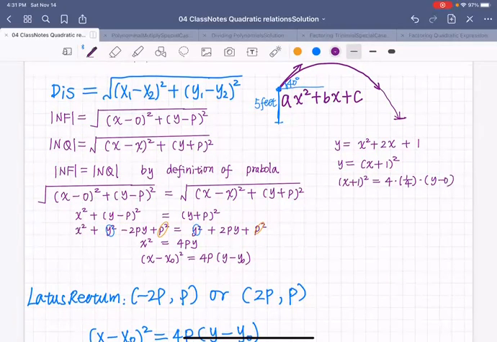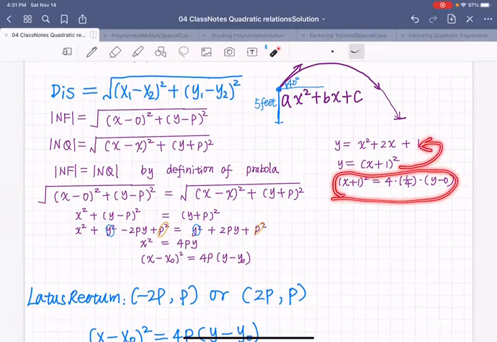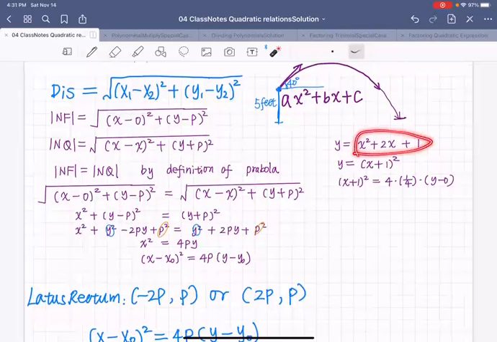That means this parabola has a value p equals 1 over 4, and the center is at x equals -1 and y equals 0. So this is another explanation of the previous standard format for the vertex of the parabola.